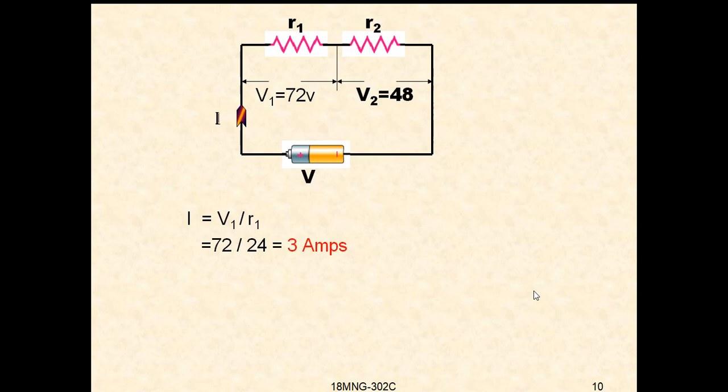So the current flowing through these resistors is 3 amps.